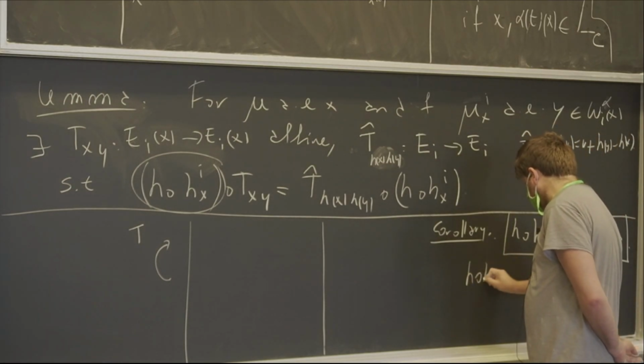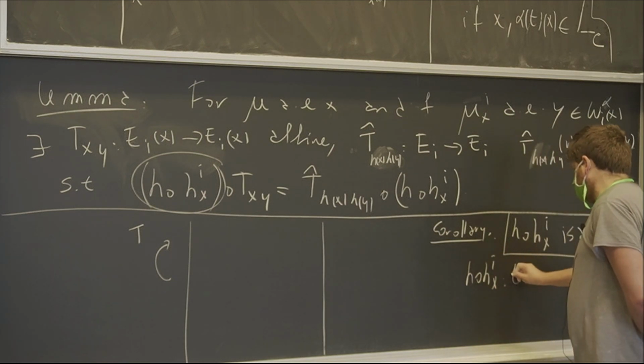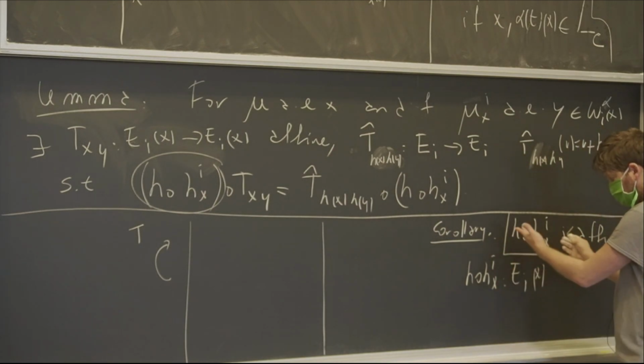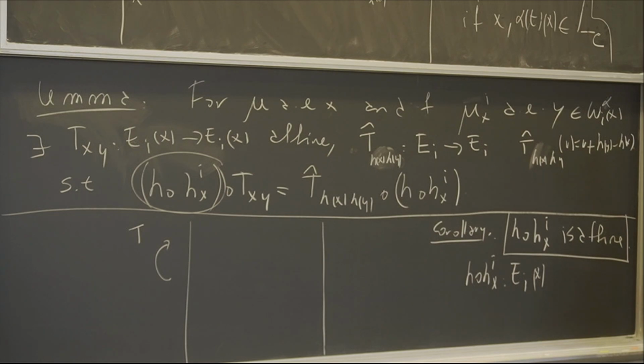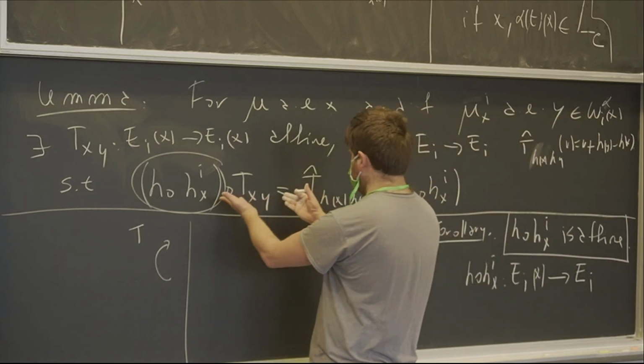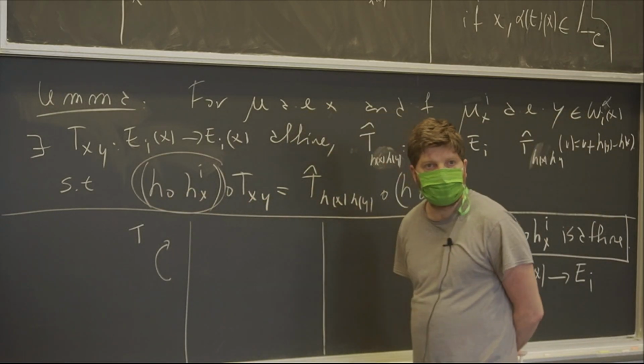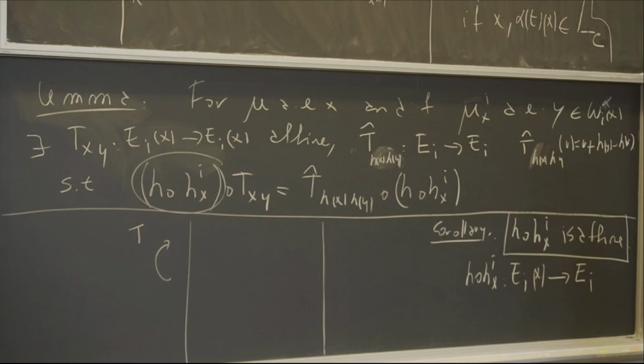Let me just emphasize here from EIX, which has a vector space structure, which we typically identify with R, into AI. So this map is an affine map. And this just follows from here plus very basic formulas.